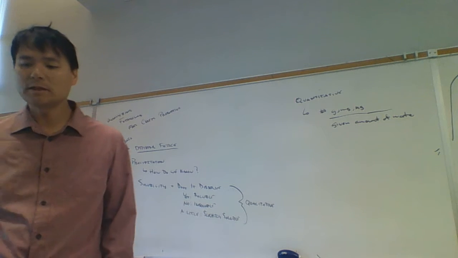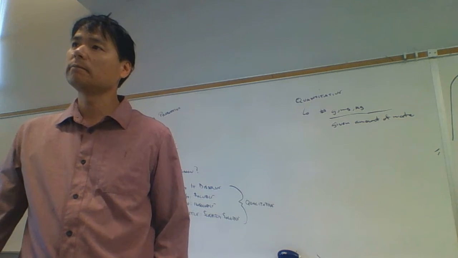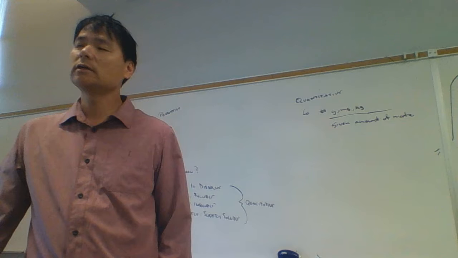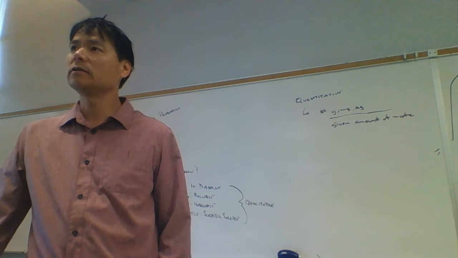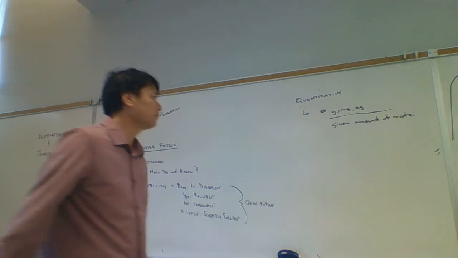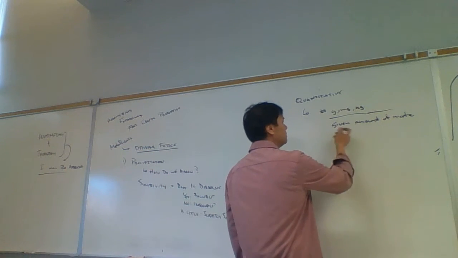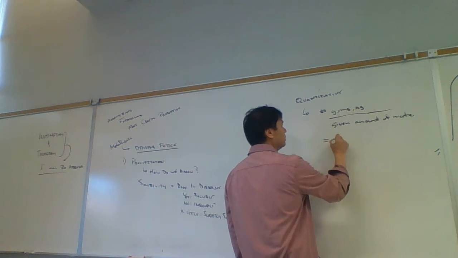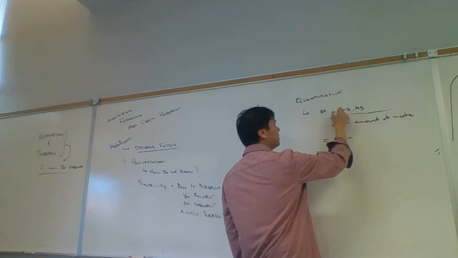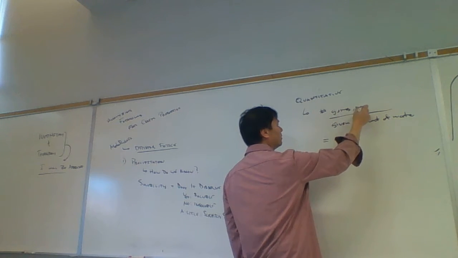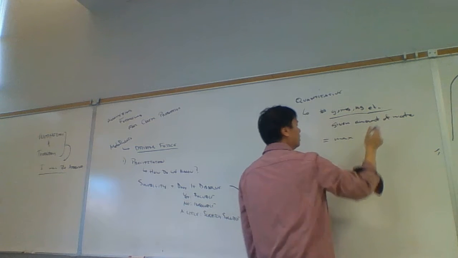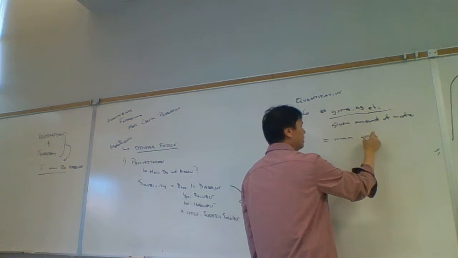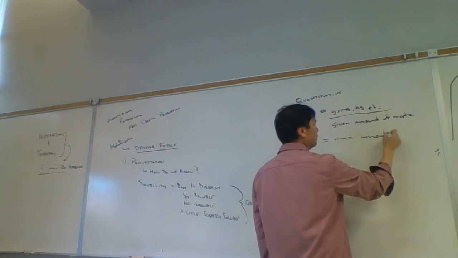However, there's some things that have no solubility limit. If any amount can dissolve without limit, then we call it miscible. So this is the max. This is grams, milligrams, or micrograms, etc. And so this is the max amount that will dissolve.